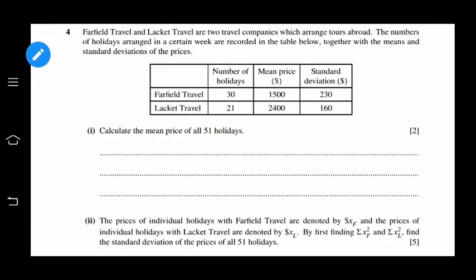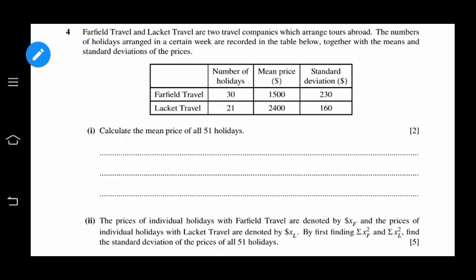Look at this question. Fairfield Travel and Lackett Travel are two travel companies which arrange tours abroad. The numbers of holidays arranged in a certain week are recorded in the table below, together with the means and standard deviations of the prices. Just go through the table.